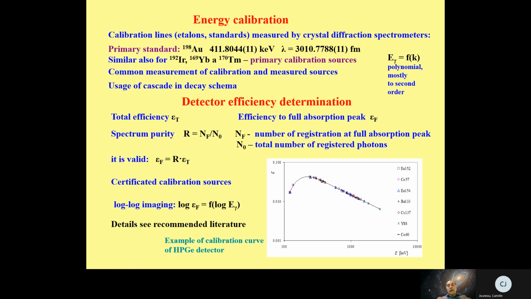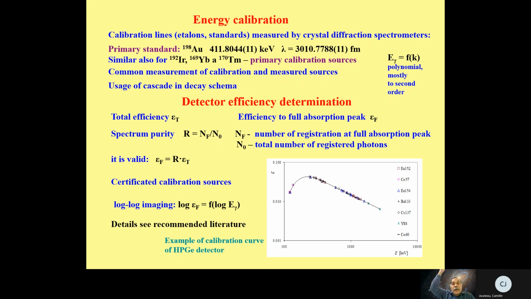That means, for example, if we need to calibrate the energy of lines for yttrium, we will measure this radionuclide of yttrium together, for example, with this ytterbium 169. Okay.